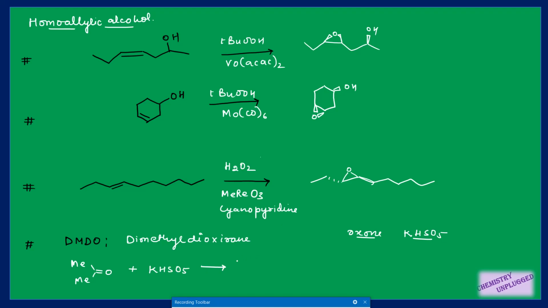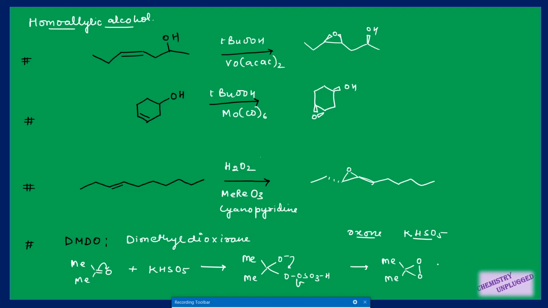So how will it be synthesized? The first step is that this HSO5 will attack on this carbon, so this negative charge will attack, and this bond will shift here. So you will get this type of structure, right? This is your dioxirane. When your carbon is attached to two oxygens like this, it is a dioxirane, and because we have two methyl groups here, it is dimethyl dioxirane.